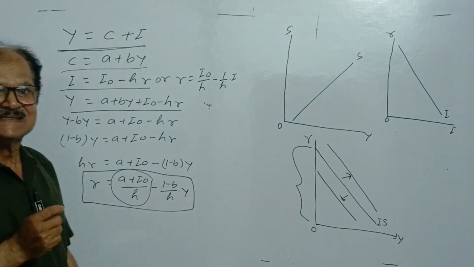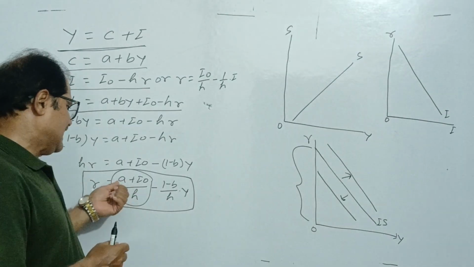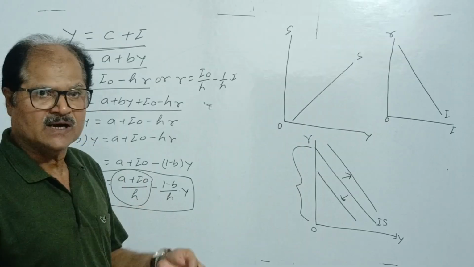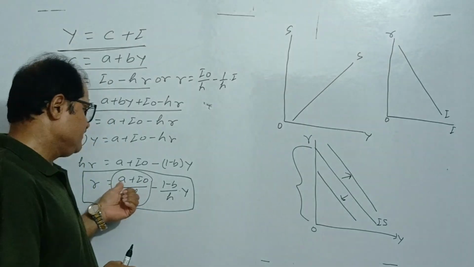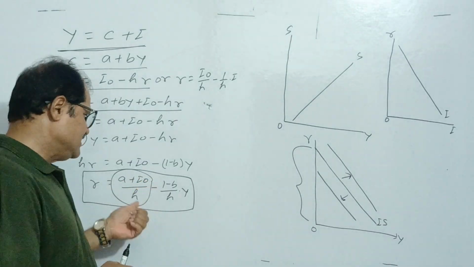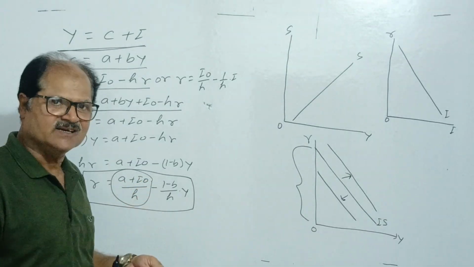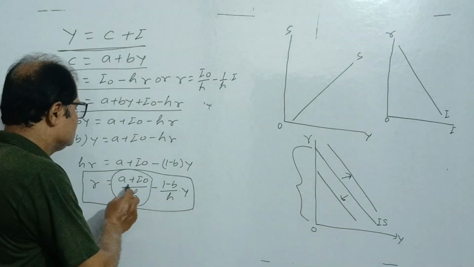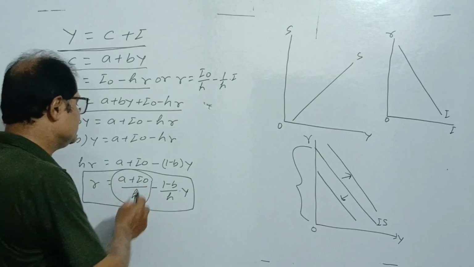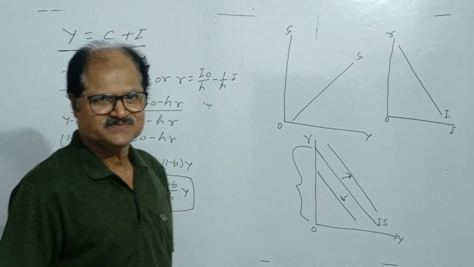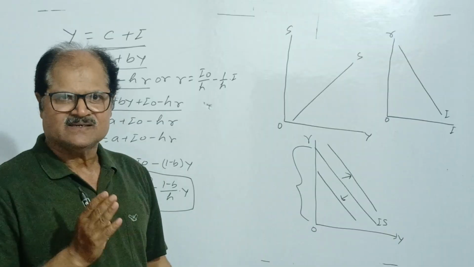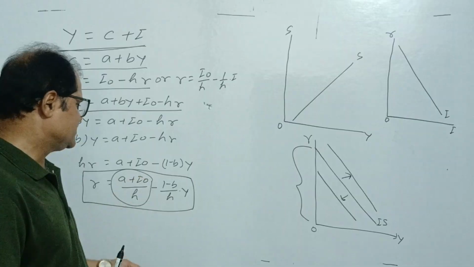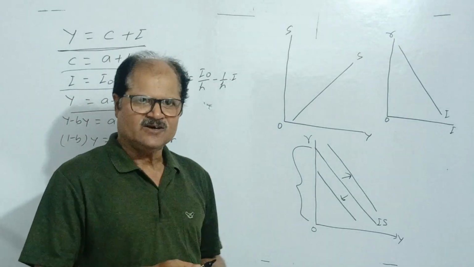So we can say that position of IS curve or IS curve shifts upward if there is rise in A, I0, or decrease in H. Similarly, IS curve shifts downward if there is decrease in A, I0, or increase in H. Thus, there are three factors which affect position of IS curve: autonomous consumption, autonomous investment, and interest sensitivity of investment.